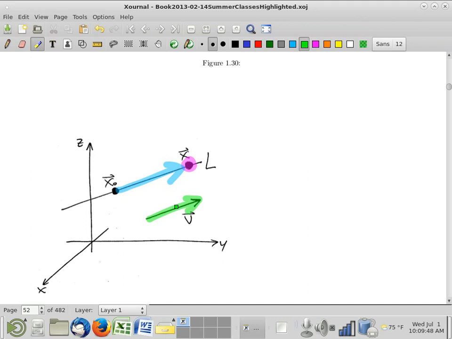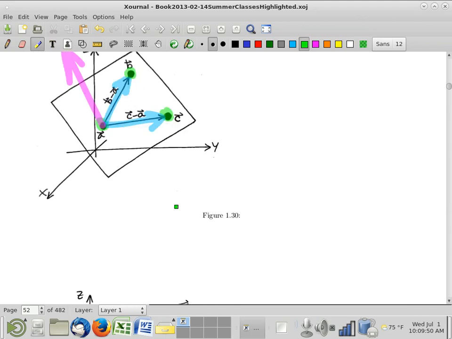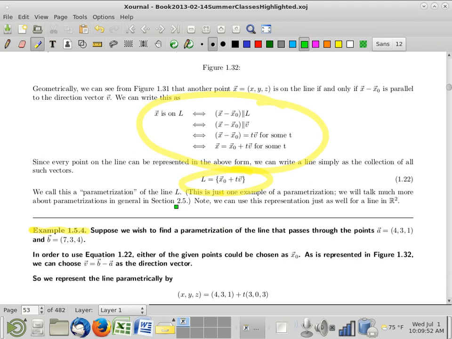So we write that down. Points are on the line if the difference is parallel to the line, namely also parallel to the given direction vector. Fine.